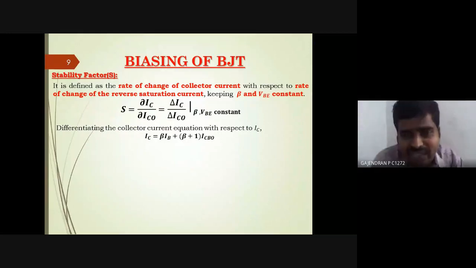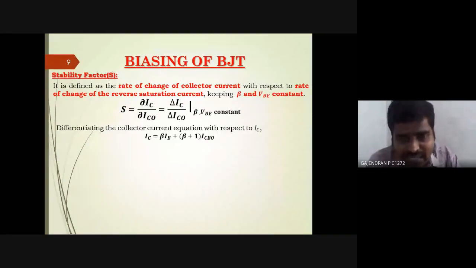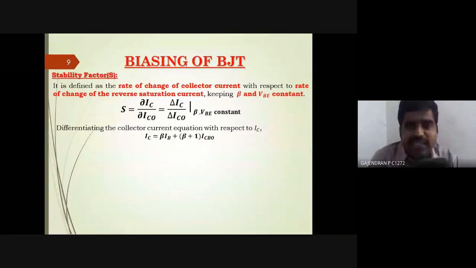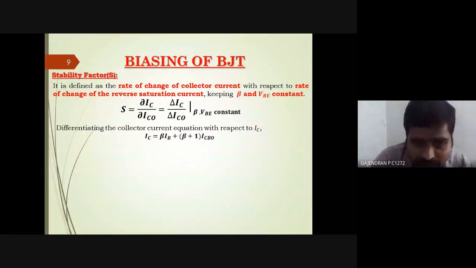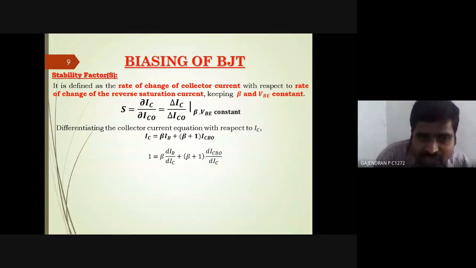What will we get on the left hand side if we differentiate? If you differentiate IC in the equation, since IC with respect to the same IC, we will get 1.